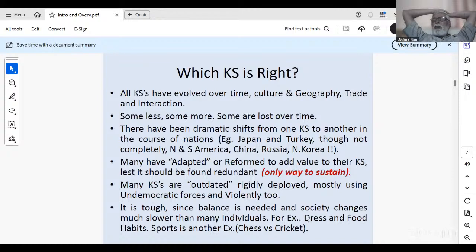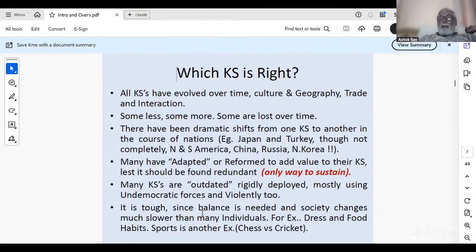Rigidity comes, conflict comes, violence sets in, and very reluctantly, under pressure of violence and threat, people succumb and slowly adapt, but grudgingly. Behind their back, inside their house, they do what they want. Okay? Many knowledge systems are outdated, rigidly deployed, mostly using undemocratic forces and violently.